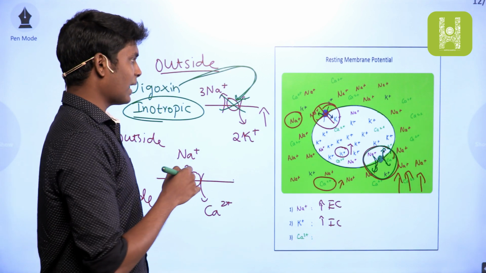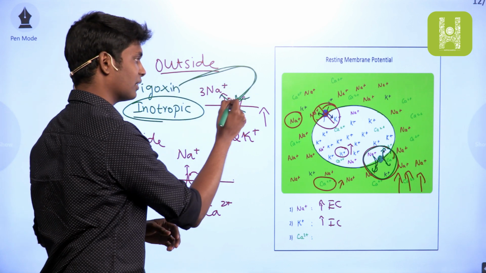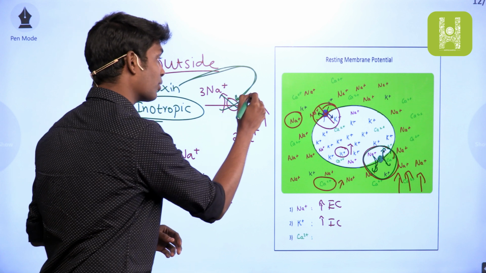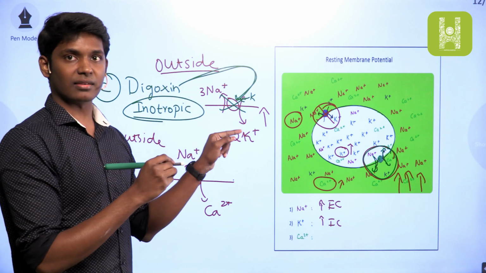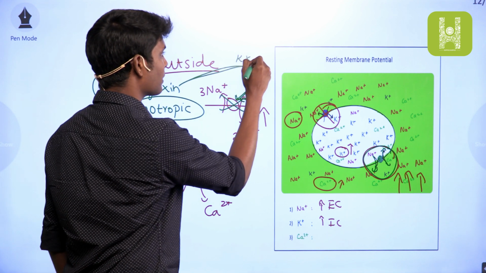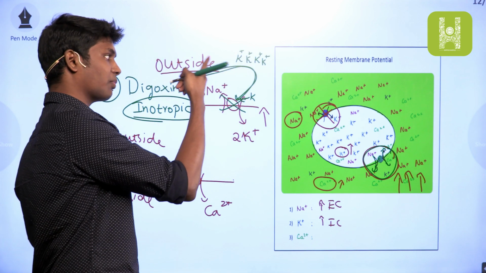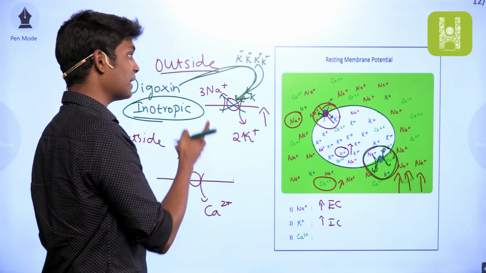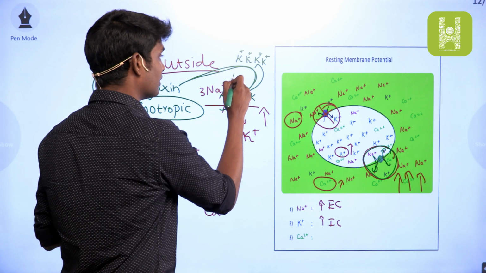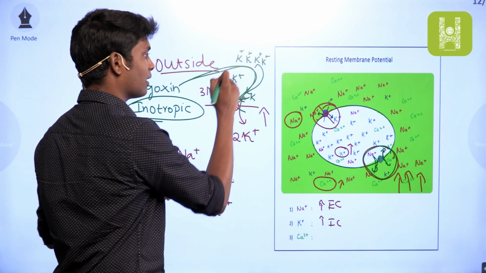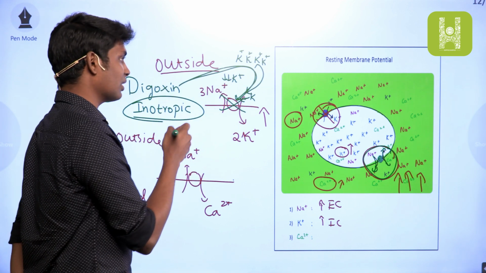And one more thing, I'll just give a clinical relevance to this. Digoxin binds the sodium potassium ATPase pump where potassium actually sits. So the potassium binding part is where the digoxin acts. When there is more potassium available outside, that will compete with digoxin, so the effect of digoxin will be less. Whereas when there is less potassium outside the cell, digoxin can easily bind the potassium binding part and the activity of digoxin will be more.